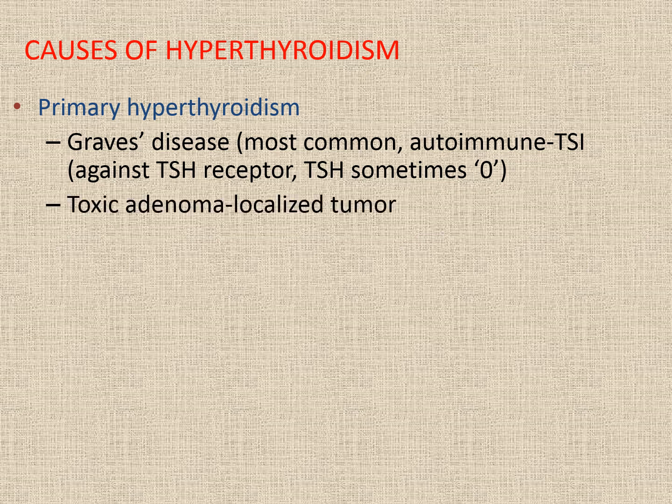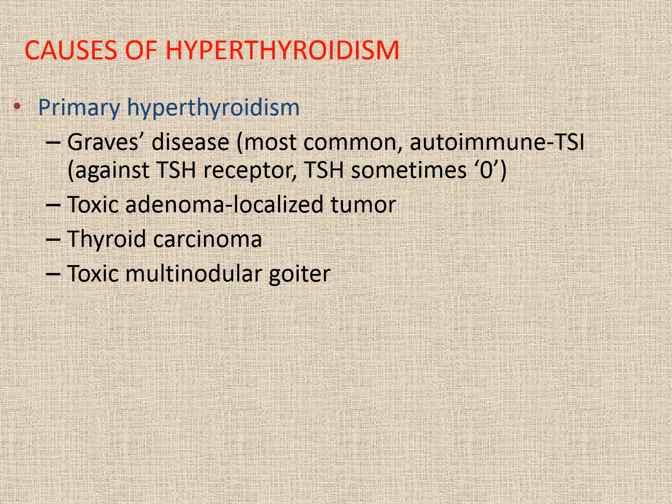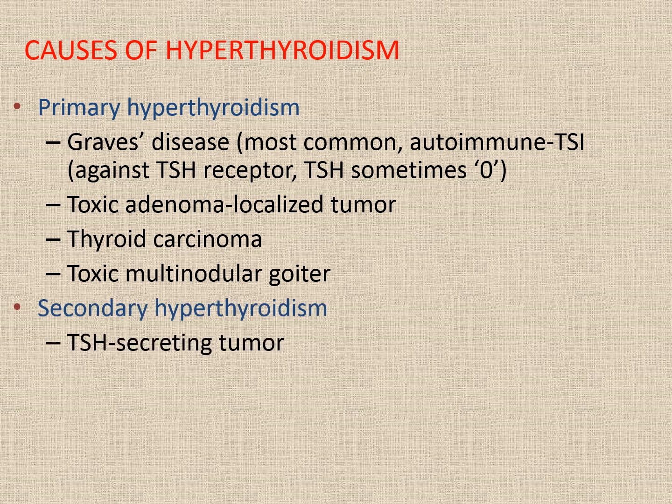Other cause is the toxic adenoma, which is a localized tumor. Sometimes cancer of the thyroid gland causes hyperthyroidism, and toxic multinodular goiter. So these are the causes of primary hyperthyroidism. Now secondary hyperthyroidism means not related to the thyroid gland but related to the hypothalamus or pituitary. So TSH secreting tumor of the pituitary or hypothalamic disease.